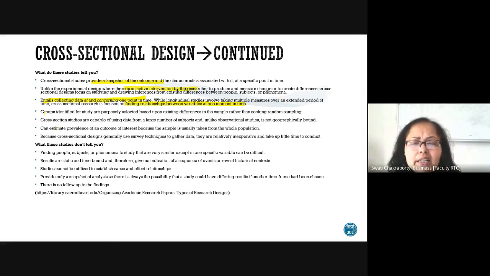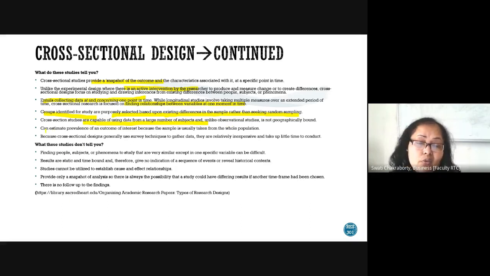The groups identified for study are purposely selected based upon existing differences in the sample rather than seeking random sampling. The difference that is there will be there over a span of time. Okay, so it's already there. The next thing is these studies are capable of using data from a large number of subjects.